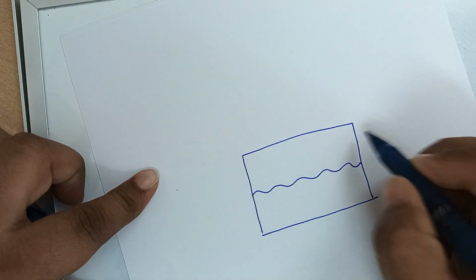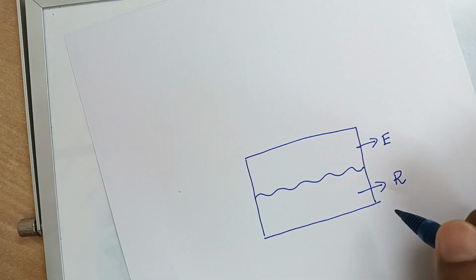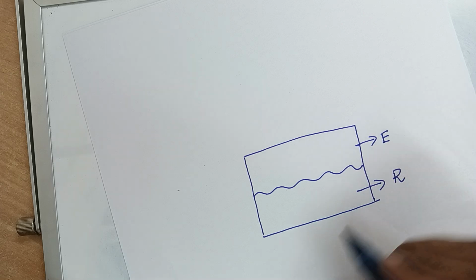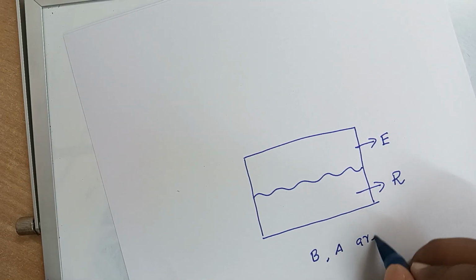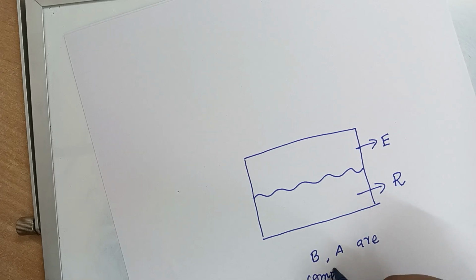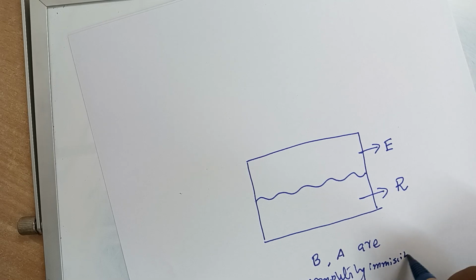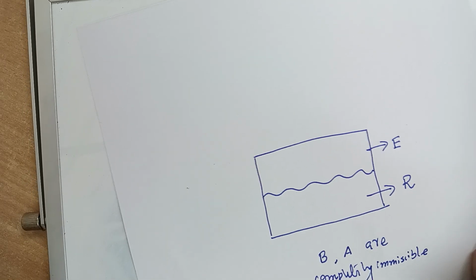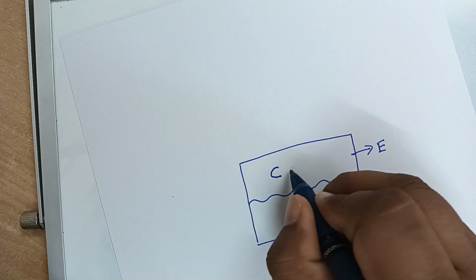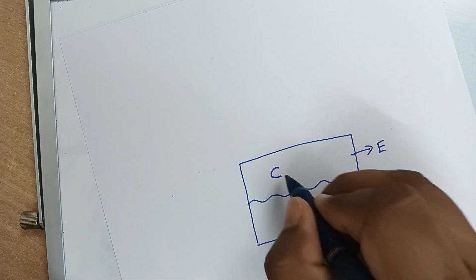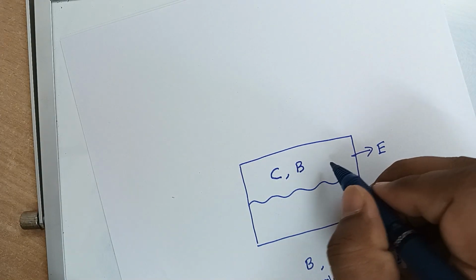when the two phases separate out, suppose this is the extract phase and this is the raffinate phase, and the solvent B and the carrier A are completely immiscible. So in the extract phase, which is the solvent rich phase, you are going to get solute and solvent, but no carrier.